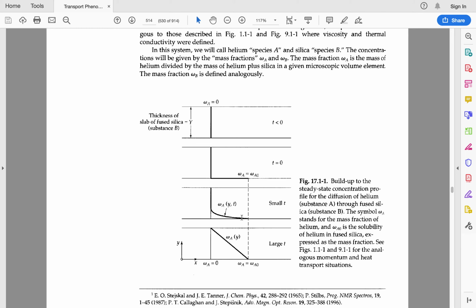Here is the concentration profile of the helium. When t is large, or when it is steady enough, we can see the buildup of the steady-state concentration profile for the diffusion of helium, substance A, through fused silica, substance B. The symbol omega A stands for the mass fraction of helium, and omega A0 is the solubility of helium in fused silica, expressed as a mass fraction.